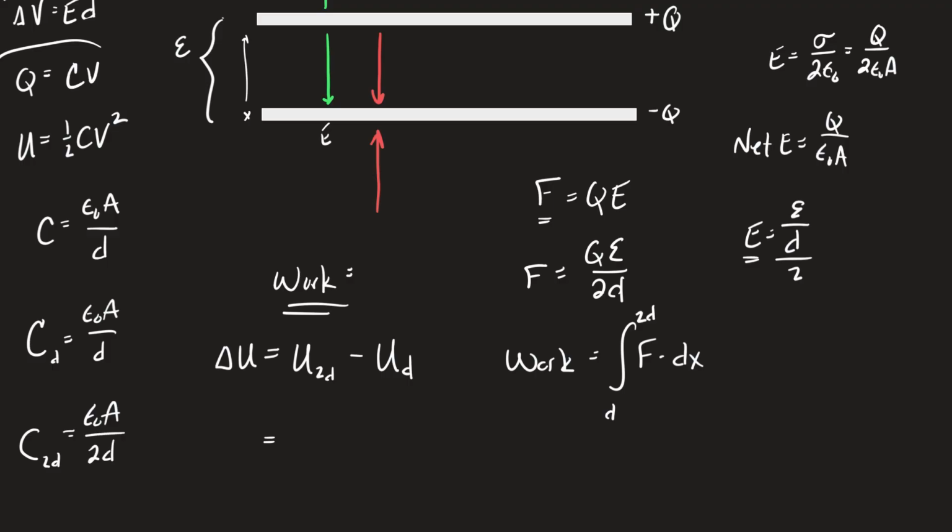You guys remember that from yesterday? Okay. So 1/2 C V squared minus 1/2 C V squared.